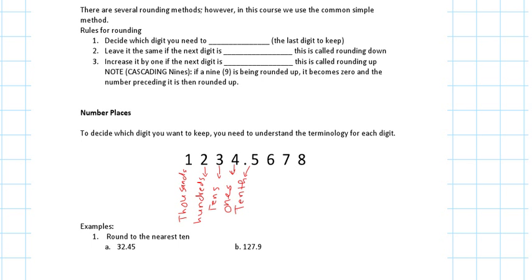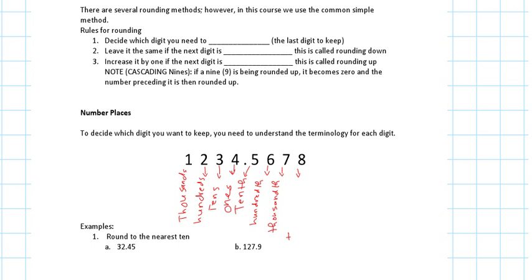Then the second decimal place, we call that the hundredth, again with the TH at the end. And this is going to be the thousandth. And then the ten-thousandth.